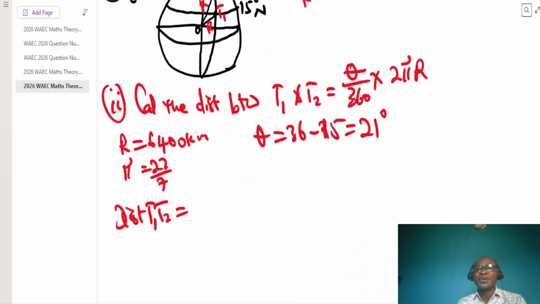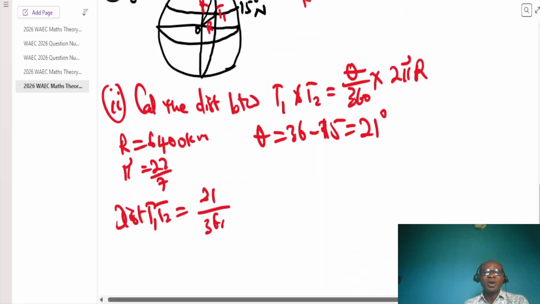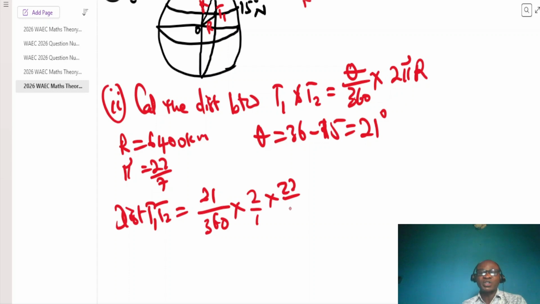Now that I know the angular difference, which is the value of theta, I now substitute. So 21 over 360 multiplied by 2 over 1 multiplied by the value of pi, which is given to us as 22 over 7, then multiplied by the radius of the Earth surface, which is 6,400 over 1.